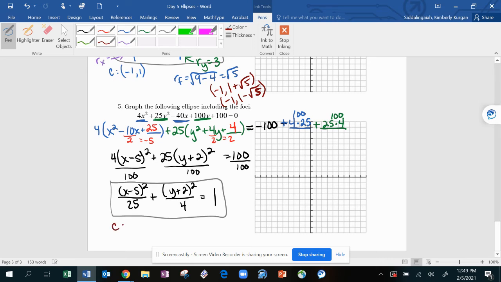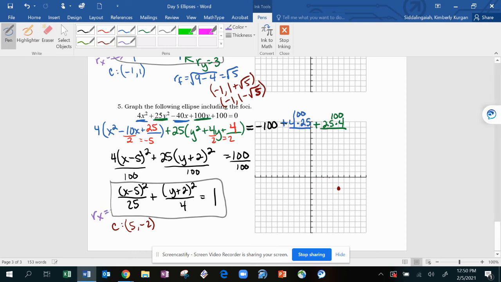So this is telling me that my center is 5, negative 2. Let me plot that. 1, 2, 3, 4, 5, and then 2 down. Okay, so let me do my r sub x. That 25 helps me get it.